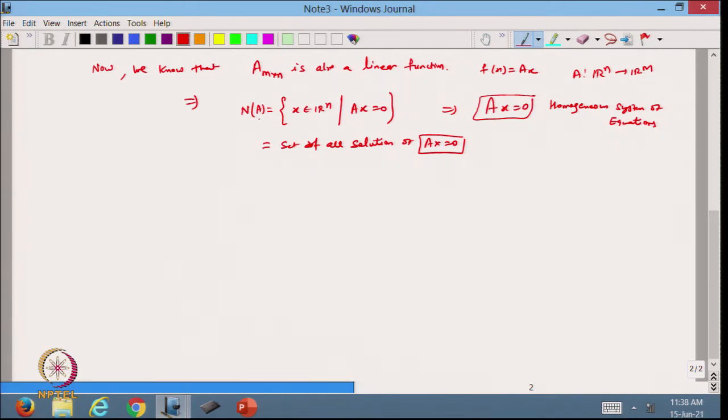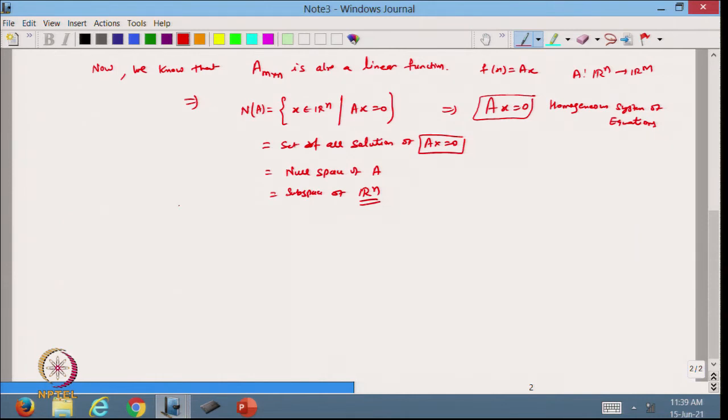So that is called the null space of matrix A, and this is a subspace of Rn.